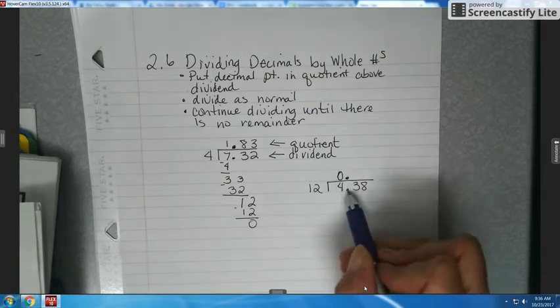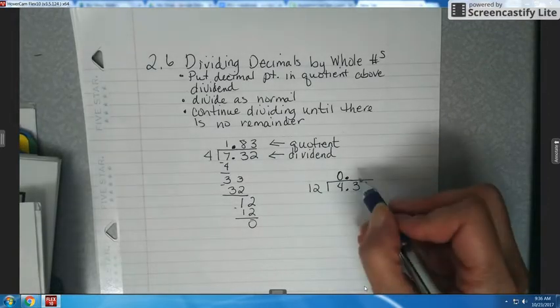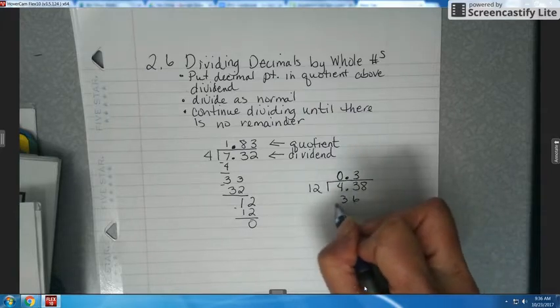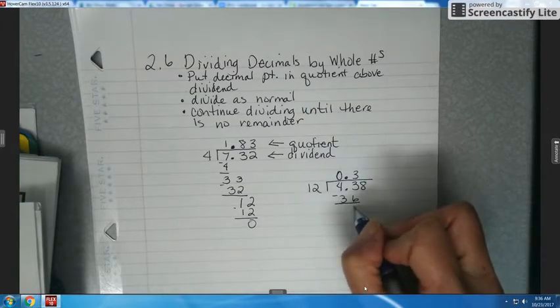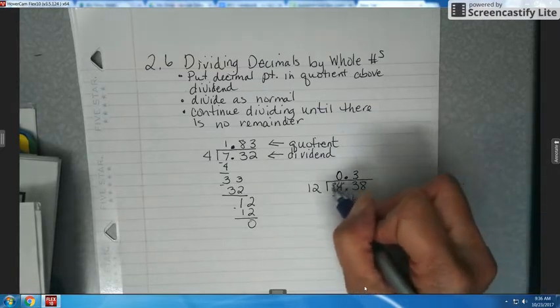Even though there's a decimal point here, we're still going to consider these one whole number. 12 divides into 43 3 times. 3 times 12 is 36. Subtract for 7. If you need to, you can regroup.